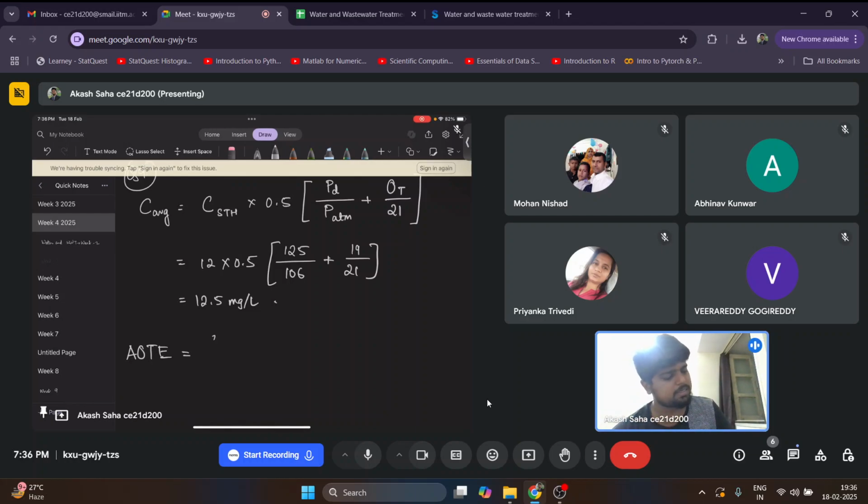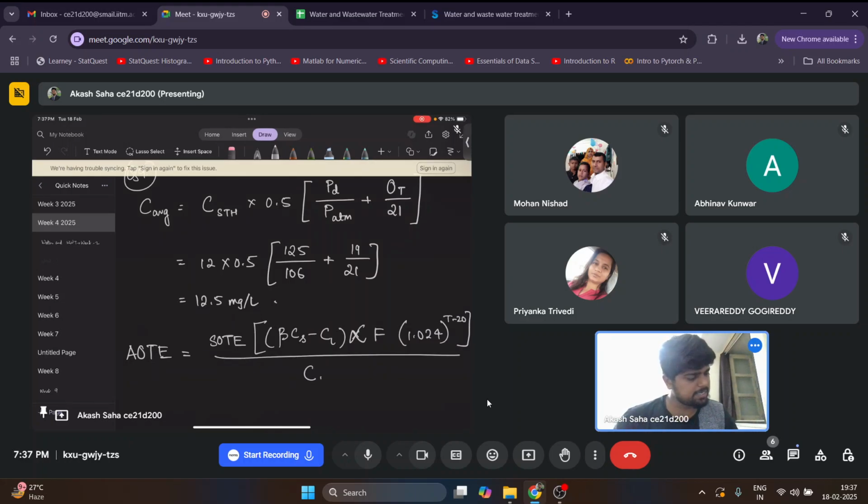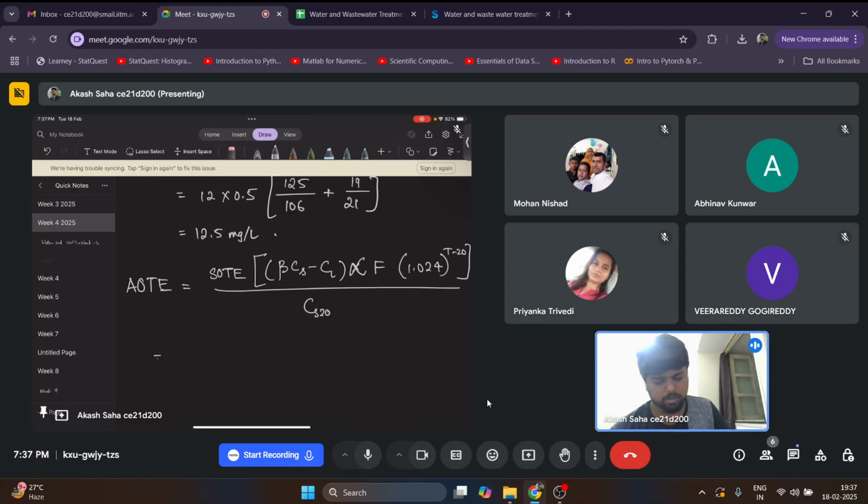It is nothing but equal to SOT, that is the standard oxygen transfer rate that is given in the question, into beta CS minus CL into alpha F into 1.024 to the power T minus 20, divided by CS at 20. So simply you just have to put all the values.